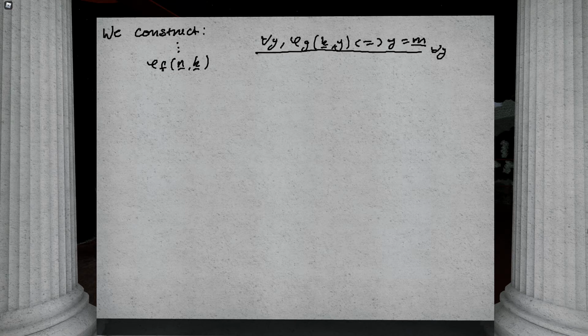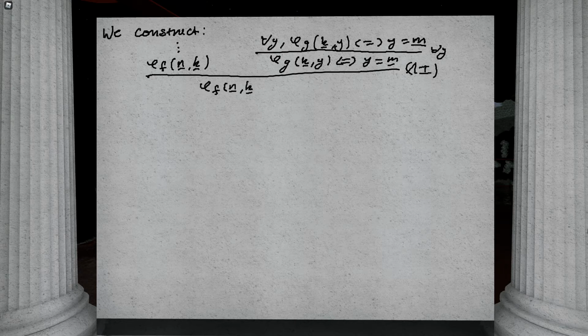Okay. So first I do a for all elimination, so I can then do a conjunction elimination. No, not a conjunction elimination, conjunction introduction. Because now I have a witness, which is k bar, for the formula I'm trying to prove.